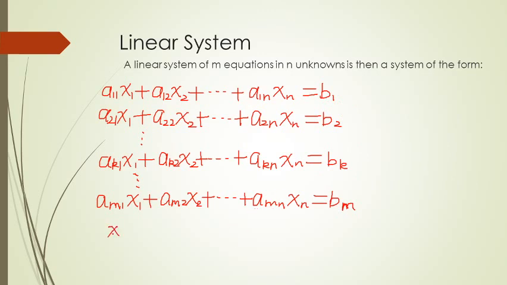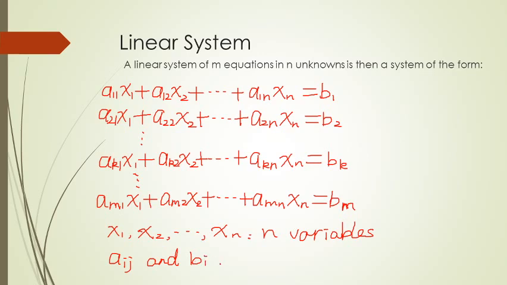Here x1, x2 until xn are called n variables or n unknowns. And aij and bi are real numbers.